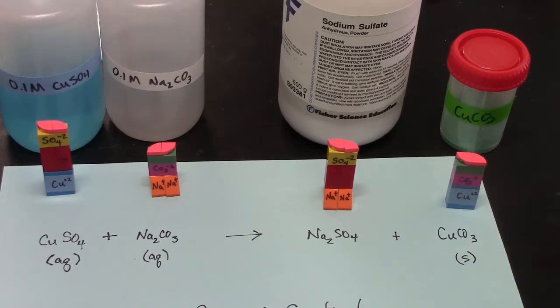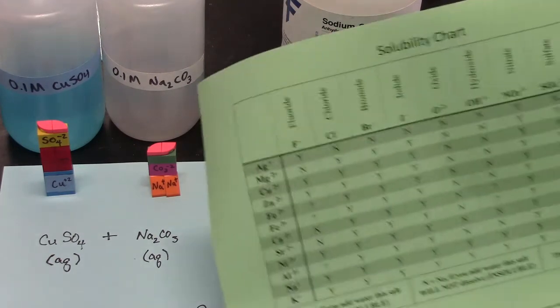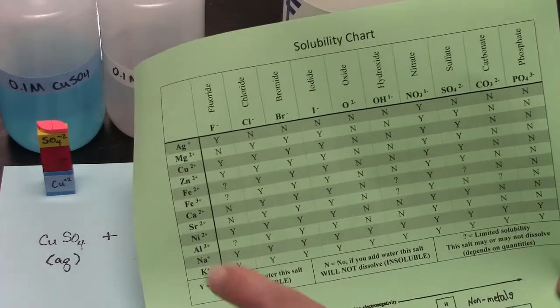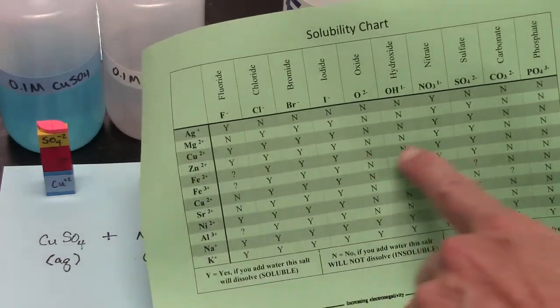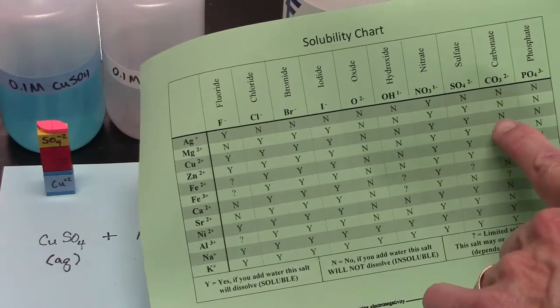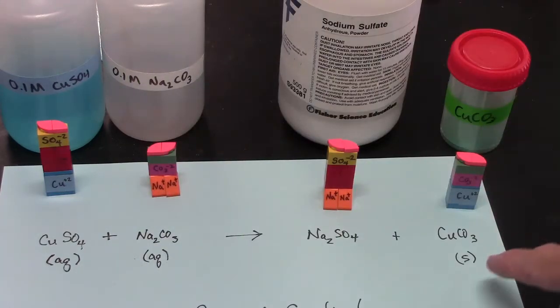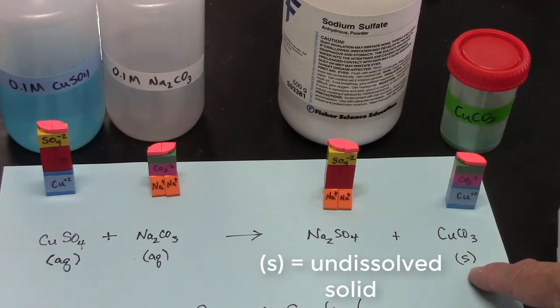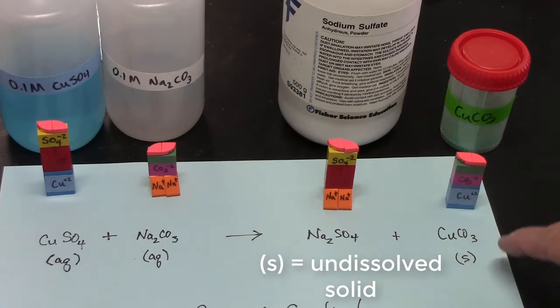You could know this from experience, or you could determine it from a solubility chart, saying, what is copper carbonate? It's not soluble. The symbol that's used to show undissolved solid is S. So copper carbonate is a solid.